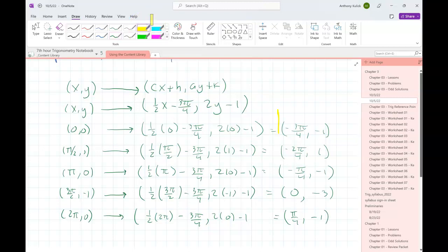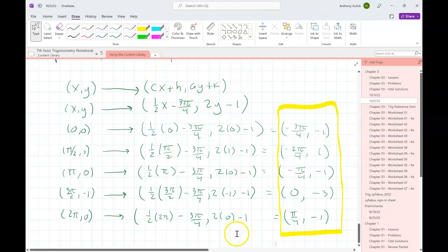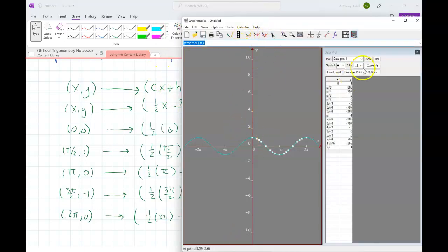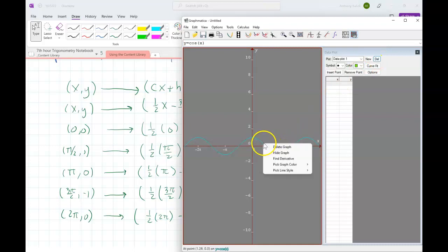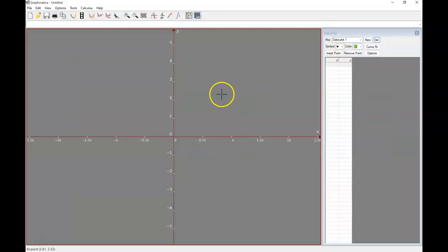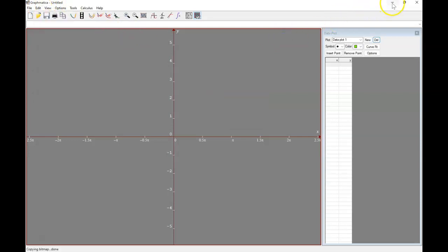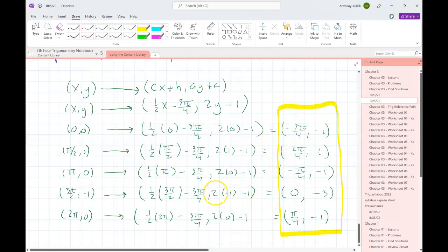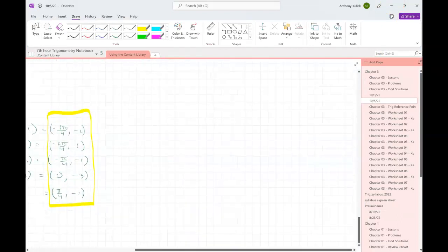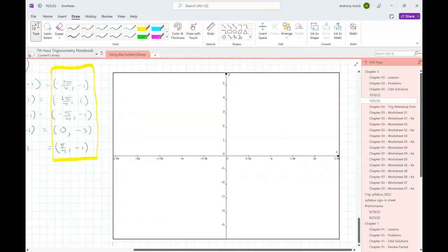So what I'll be plotting then are these 5 points. Just go grab some graph paper here. Okay, so let's see. I have to graph things by quarters, right?